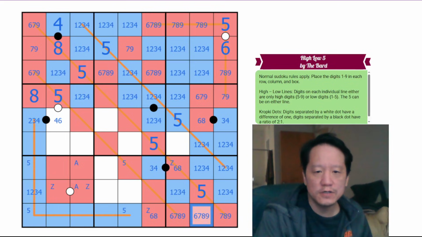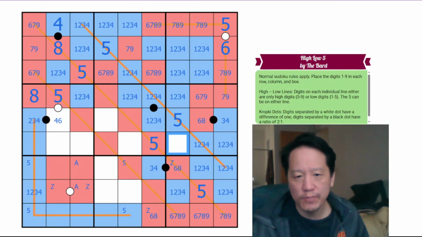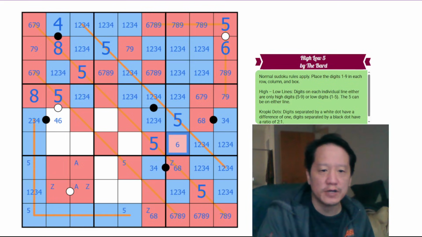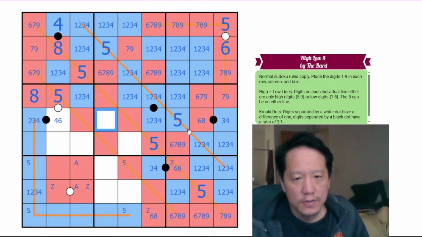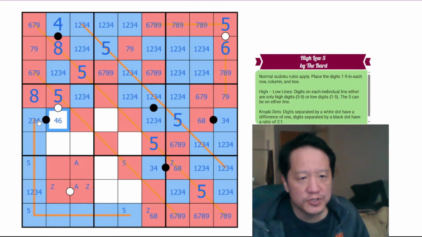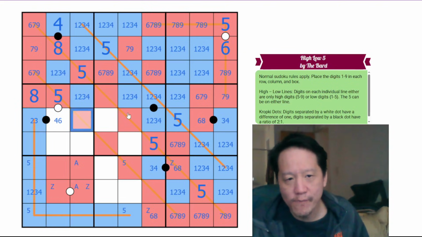No 6 here. That means this is a high digit. And it has to be 6 through 9 here. 4 or 6 is here, which means this is 2 or 3 in a 1 to 2 ratio with it.